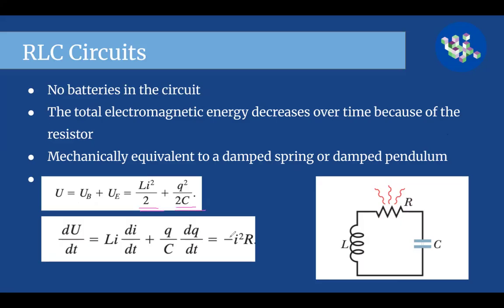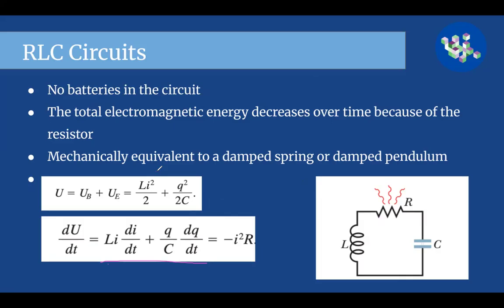And if we're looking at the change in energy over time, you know the power of the resistor, that's just the change in energy divided by change in time, right? For a resistor, that's I squared R. We learned that when we said power equals I times V, and you use Ohm's law to turn it into I squared R. And then how are we getting Li times di over dt plus Q over C times dQ over dt?